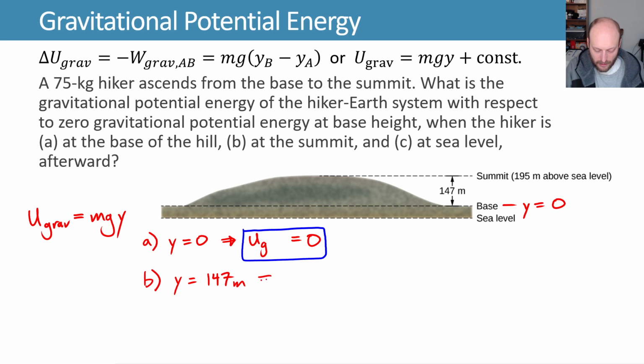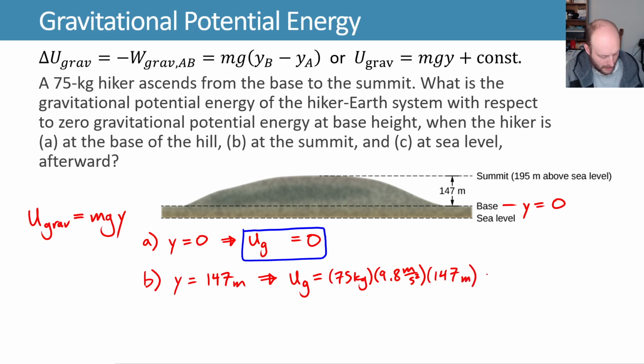This means that we can say that our gravitational potential energy is our mass of 75 kilograms times our gravity of 9.8 meters per second squared times our height relative to where we set our y = 0, 147 meters, which gives us a large number that evaluates to 108 kilojoules. So 108,000, converting it, 108 kilojoules worth of gravitational potential energy at the summit.